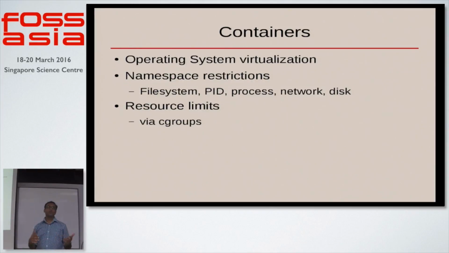Even the PID namespace, which is the process ID. All of these are kernel technologies and patches which have gone into the kernel very recently. So process PID namespacing, network and disk namespacing as well. Users of one container should not be able to peek into what other containers are storing.